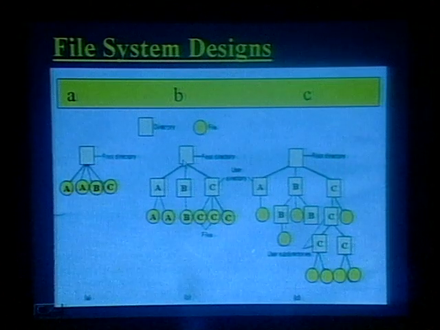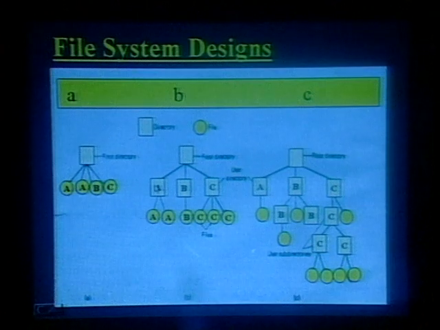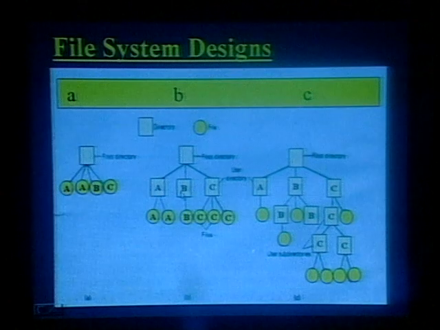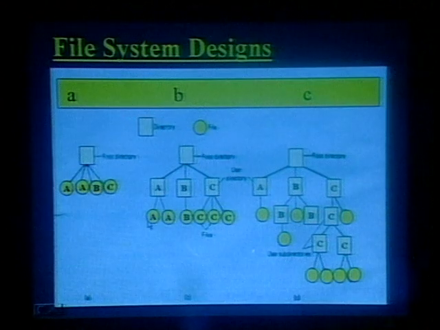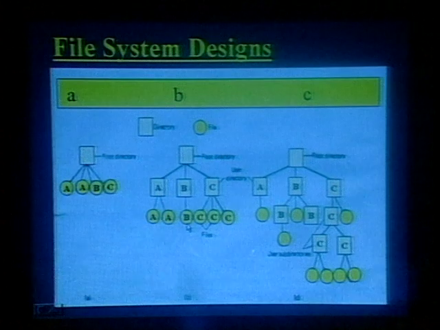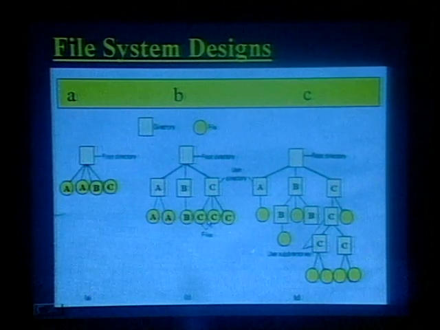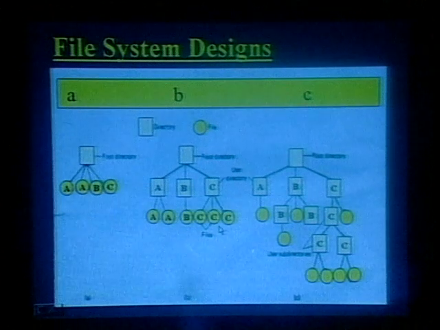Another structure we see here is a root directory, and then we assign one directory to user A, another directory to user B, and another directory to user C. Then A can have files in his own directory, B can have files in his or her own directory, and C can have files in her or his own directory.